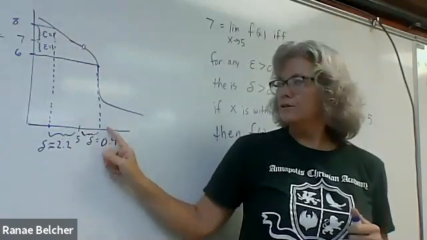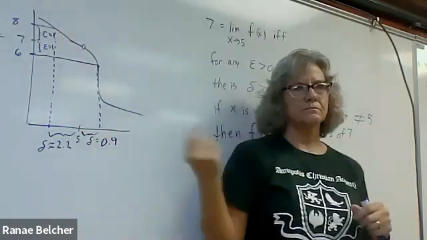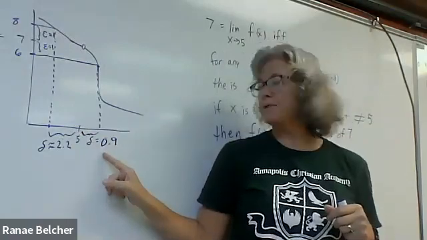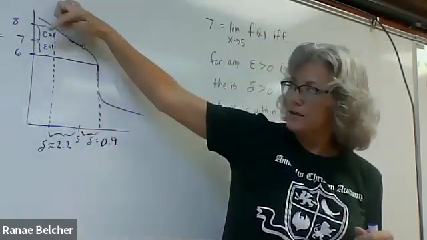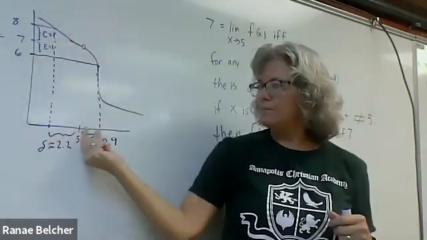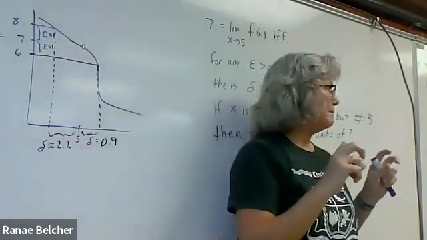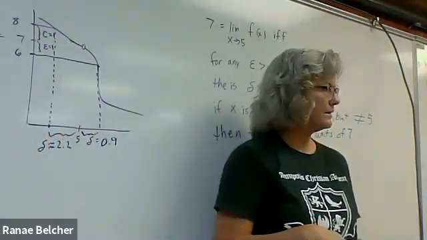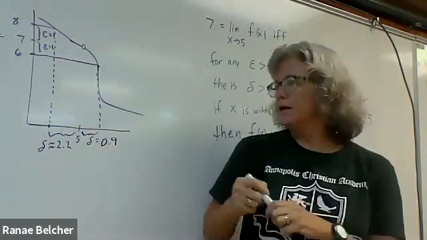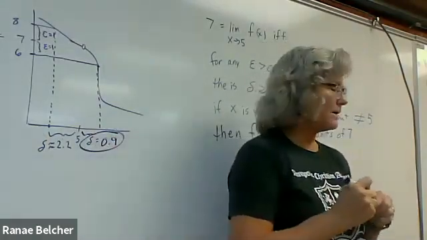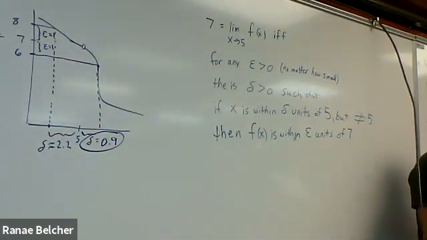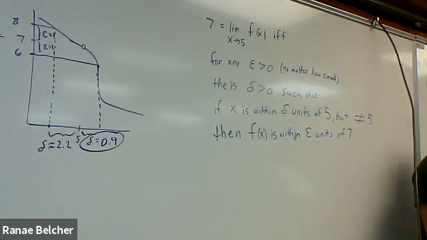So I want to err on the cautious side and say I don't want my delta to be any more than 0.9. If I stay within 0.9 on either side, I'll for sure stay within this epsilon of 1. So when you find the delta on both sides, the largest you want it to be is the smaller number. That'll guarantee you stay within 1 unit of 7. So that's what number 4 is.